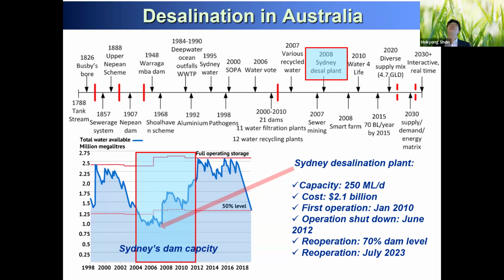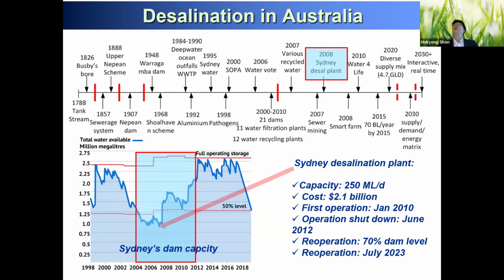Yeah, 2.5 years. Because after we installed this desalination plant, we had a lot of rainfall. All the dams were overflowing at 100% capacity. So we didn't really feel we had to operate the desalination plant. That's why it was completely shut down in 2012.